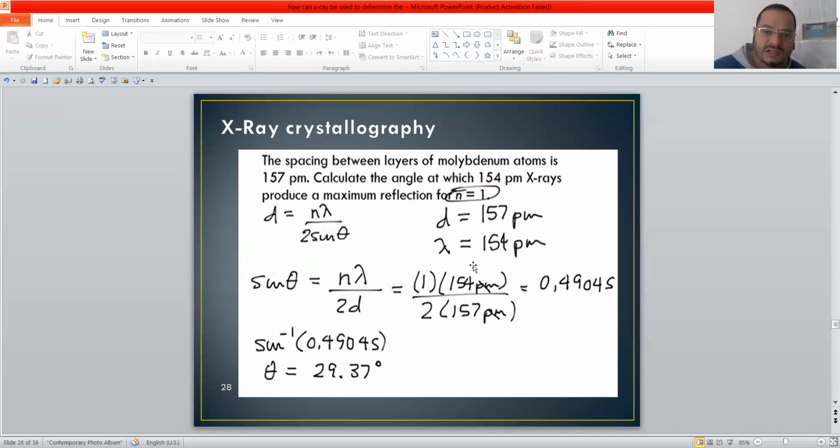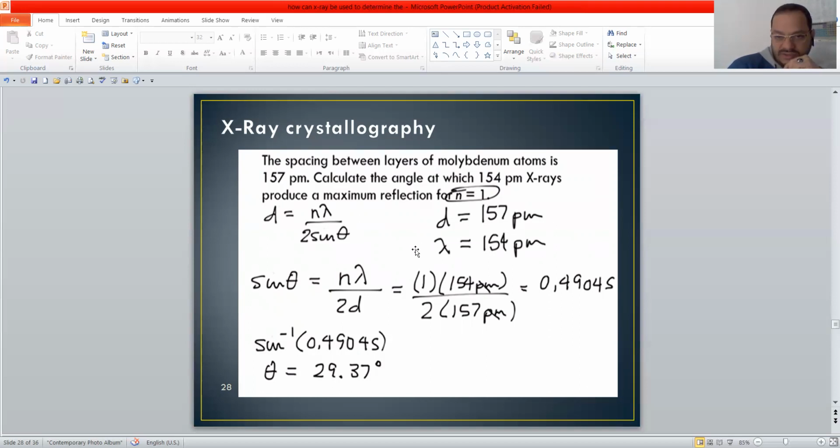Let's keep going. Calculate the angle theta at which 154 pm X-rays, that is the wavelength, lambda, produce a maximum reflection for n equal 1. They want theta from us, not sine theta.